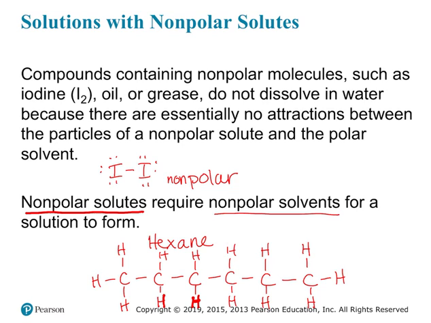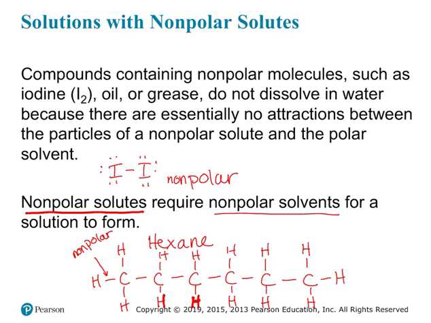Okay, so this is what hexane looks like. And remember, the electronegativity values of carbon and hydrogen are pretty close together. So all of these different bonds are nonpolar. So this carbon-hydrogen bond is nonpolar. And of course, all of the hydrogen-carbon bonds are nonpolar.